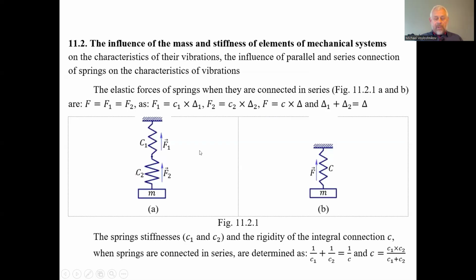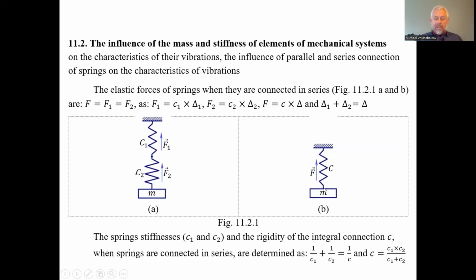And let's substitute this system of series connection of two springs by another scheme on figure 11.2.1b with only one equivalent spring, whose stiffness characteristic will be the same as the common stiffness of the two springs connected in series.